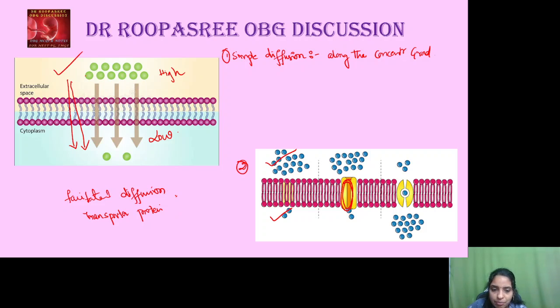For example, if there is a requirement of glucose to transfer from the mother to the fetus, it utilizes facilitated diffusion, using a transporter protein known as GLUT1. Because of this transporter protein only, the glucose at the higher concentration in the maternal blood enters into the fetal blood. So, this is simple diffusion and this is facilitated diffusion.